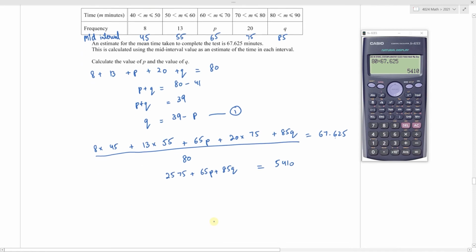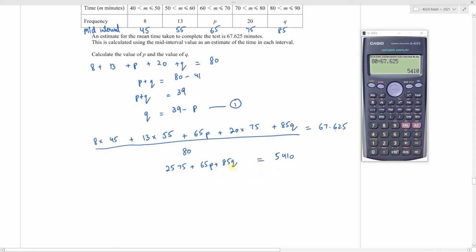Let's take this to the other side. 65P plus 85Q will be 5410 minus 2575. This is 2835.